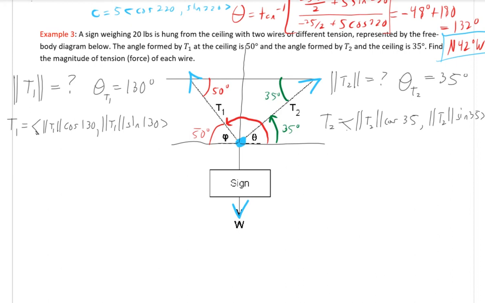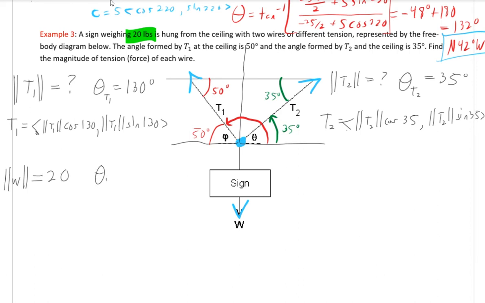The only one we have left is the weight. The weight is a lot easier because we know both things. We know both the magnitude and the direction. The magnitude of that is 20 pounds. We're going to find the magnitude of both T1 and T2 that should support that 20-pound sign. So if I even write those down slowly, the magnitude of W is 20 pounds.